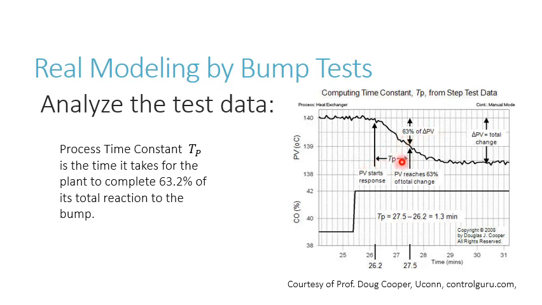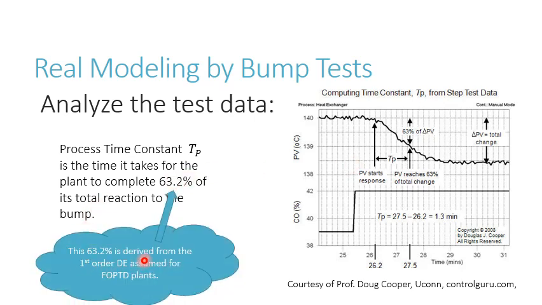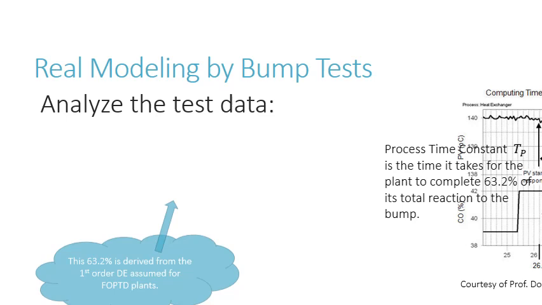The time constant of the process is the time it takes to drop or change by 63% from this value to this. If 63% of its total change, that's the time constant. And that number is derived from a first-order differential equation that's assumed to represent this process, and we're going to go into more detail about that.